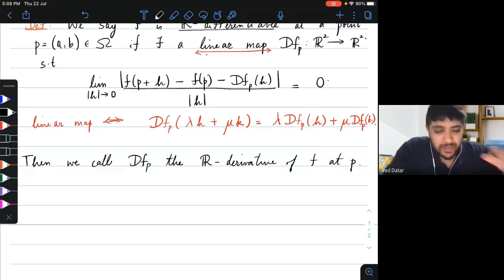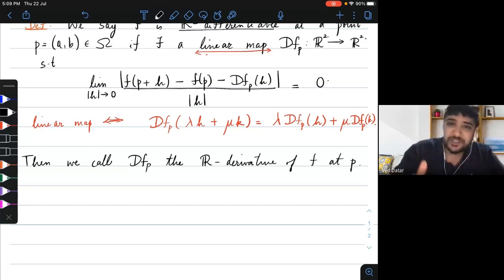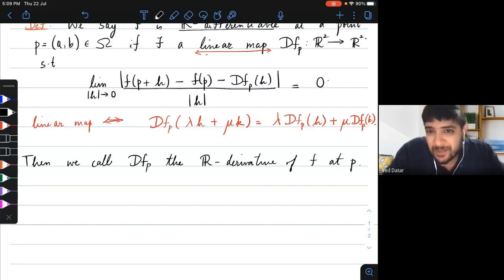There's a change of perspective when you learn multivariable calculus. When you learn one variable calculus, the derivative of any differentiable function is another function. But the change of perspective for multivariable calculus is that derivatives now become linear maps.